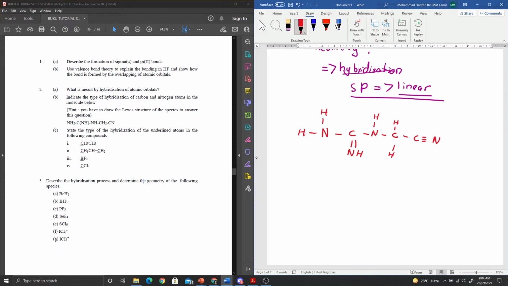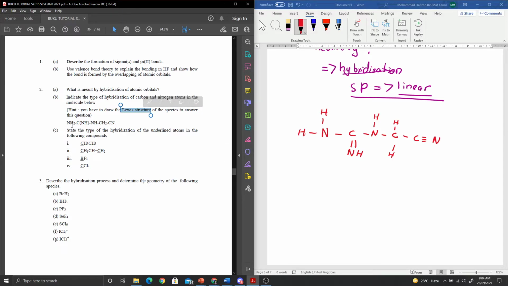So remember, to know its hybridization. Okay, for this, you see it asks you to draw the Lewis structure. So for the Lewis structure you have to draw one by one, and you actually have to do all the possible ones and find the formal charge, why this is the most stable, the most plausible one.